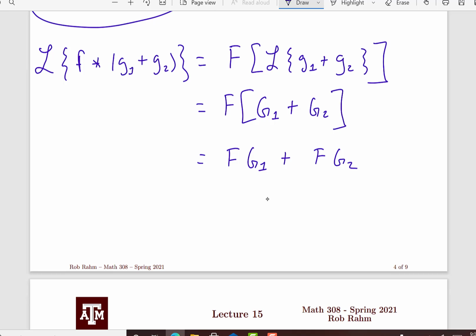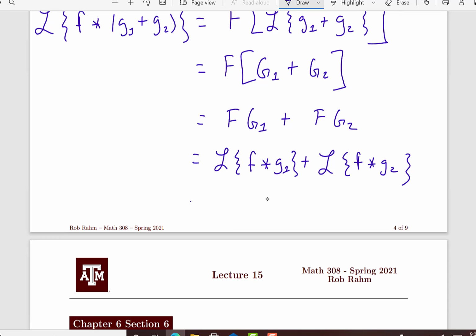And now, using the fact about convolution and Laplace transforms again, this is equal to the Laplace transform of f convolved with g1 plus the Laplace transform of f convolved with g2. And again, using the linearity property of the Laplace transform, this is equal to the Laplace transform of f convolved with g1 plus f convolved with g2.